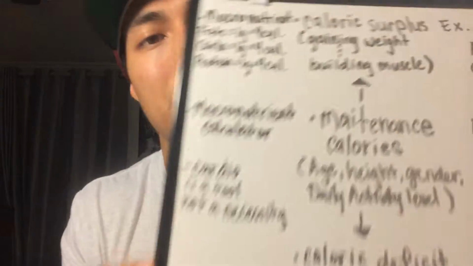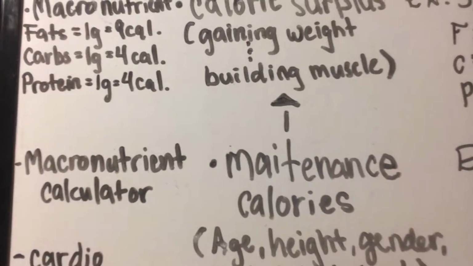Now, how do we find our maintenance, which is our starting point? There's two ways you can do this: a complex way and a very simple way. The complex way is an equation. The simple way, you type in macronutrient calculator on Google, and you click the first, second, or third link.